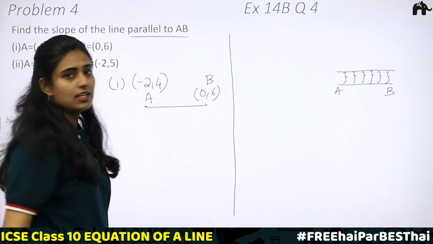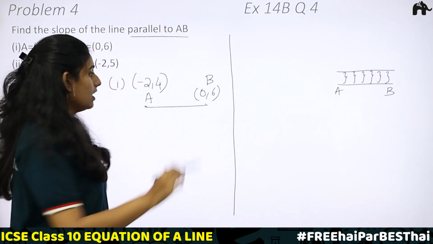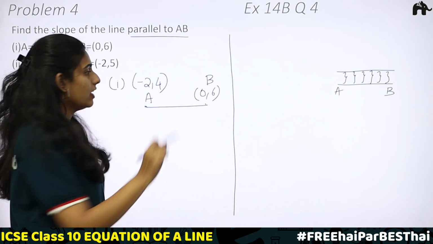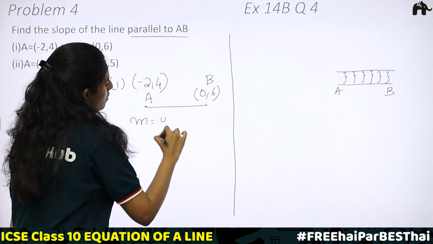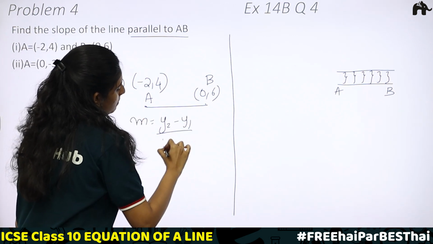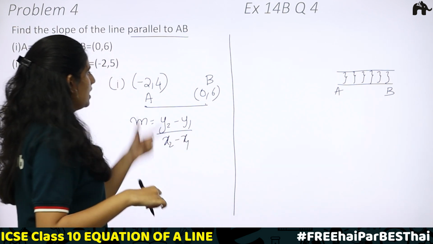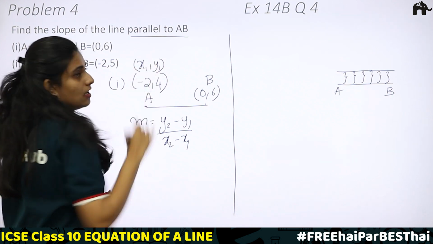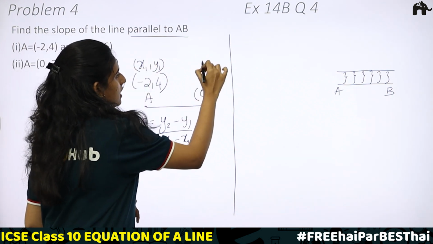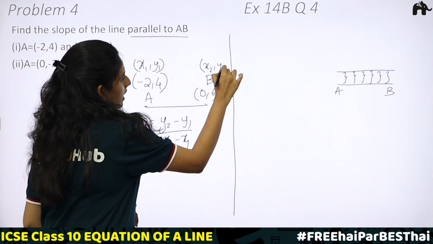Joining A and B, we get this line. Now, how to find the slope when 2 points are known? We have m is equal to y2 minus y1 divided by x2 minus x1. Here, we take A as x1, y1, that is first points, and B will be x2, y2.